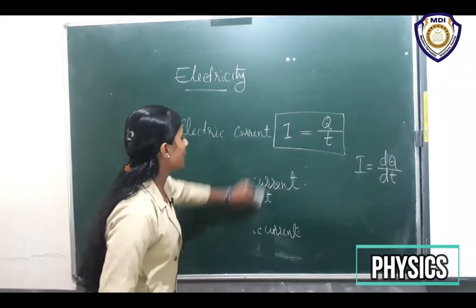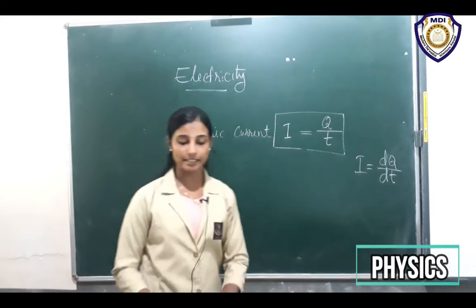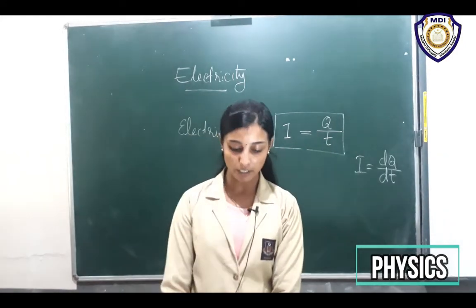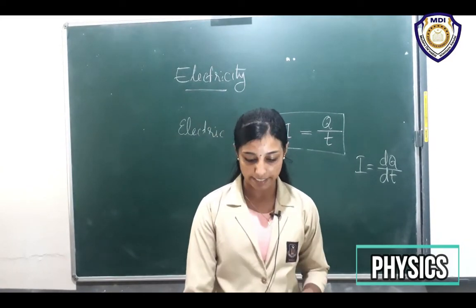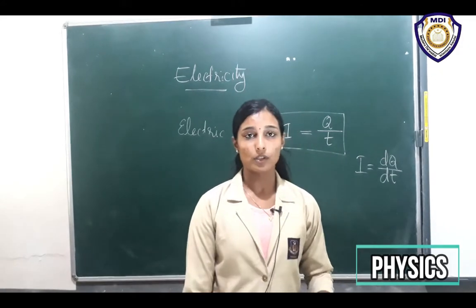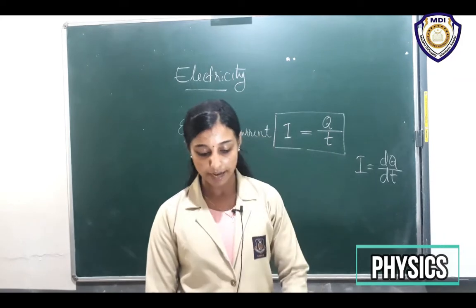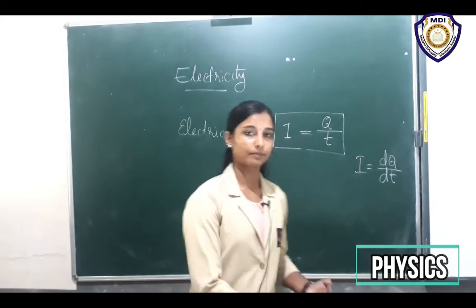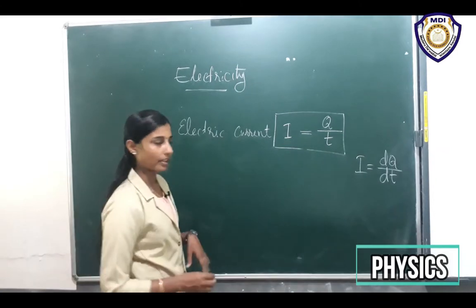From that you can get the idea of what an electric circuit is. The continuous and closed path of an electric current is called an electric circuit. So it is a continuous path. So we can just draw a circuit diagram here.